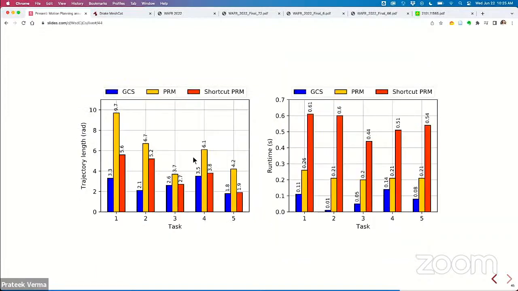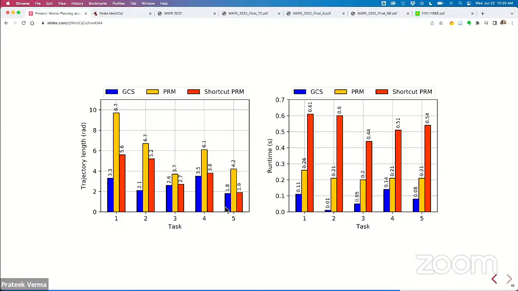Okay, so again, statistical analysis here. Different tasks are just going from different points in the configuration space to others. And if you compare the trajectory length of the graph of convex sets versus the PRM versus the shortcut, we not surprisingly get shorter paths. The PRM here was actually 10,000 points, right?